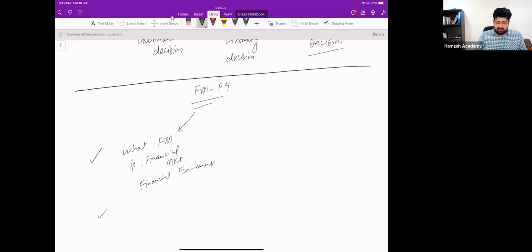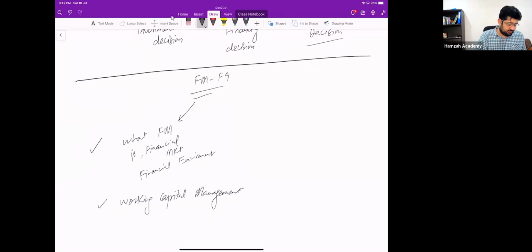The second is working capital management. A finance manager has to manage the working capital of the business. They have to manage cash, they have to manage receivables, inventory, payables.